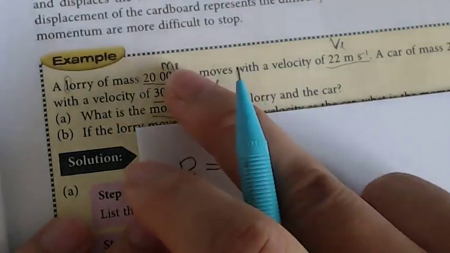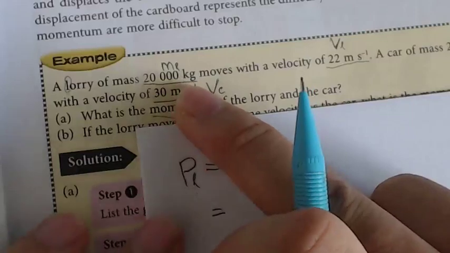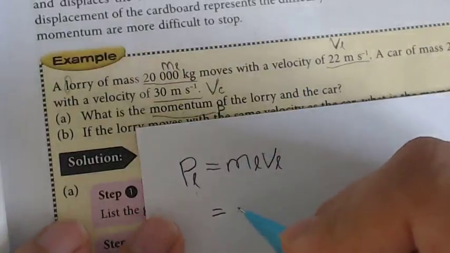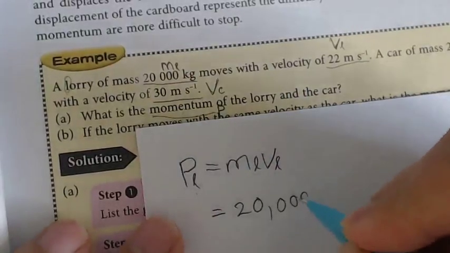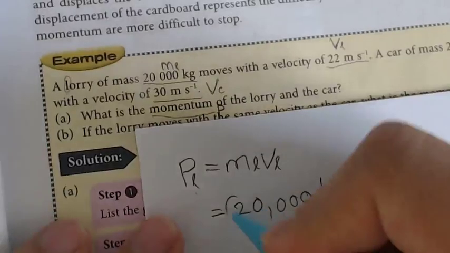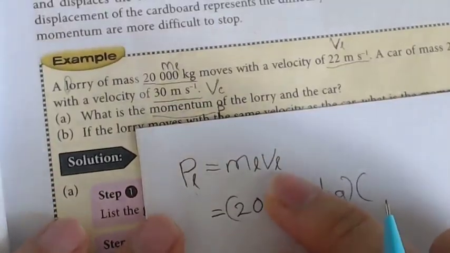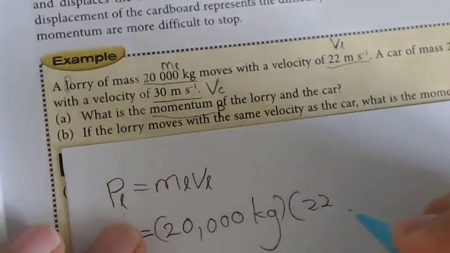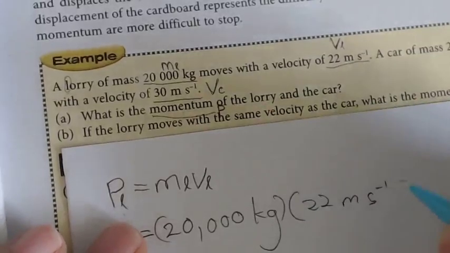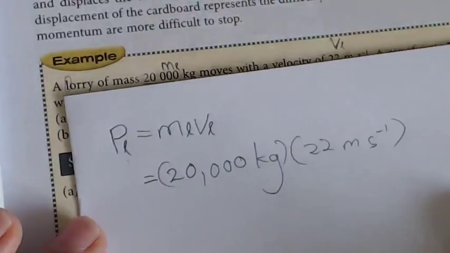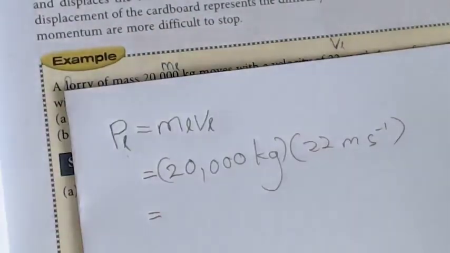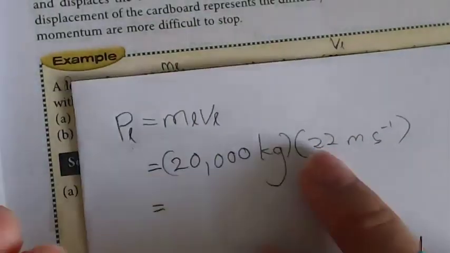In this case, we are lucky because the unit is already in SI unit, kilogram. So 20,000 kilogram, and substitute the value of vL, 22 meter second to the power of -1. Until here you know what to do already. We are going to multiply the digits, whatever there is.